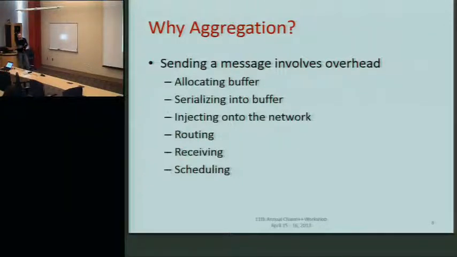Then you have to inject the message onto the network. The message needs to be routed to the destination. Eventually, it will get received, where the runtime system will pick it up. But then it will need to schedule the message. In the case of Charm++, it will need to schedule the entry method corresponding to the message.